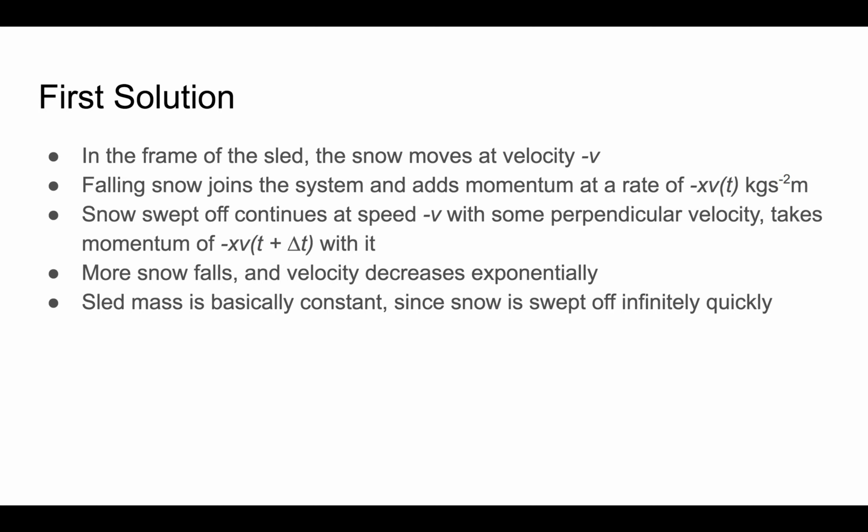So the momentum per second being added is negative x times v, because that's the mass of the snow over time times the velocity of the snow, if you think about it that way. And note that because v is changing, the amount of momentum added each time changes.